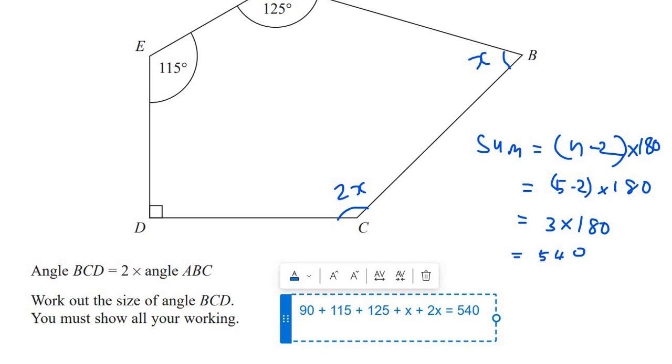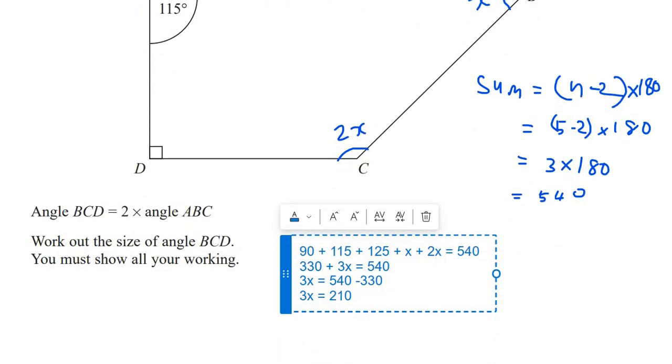Now if I add these 3 together, I'm going to get 330 plus 3x equal to 540. And then if I take away 330 from both sides, 3x will be 210.